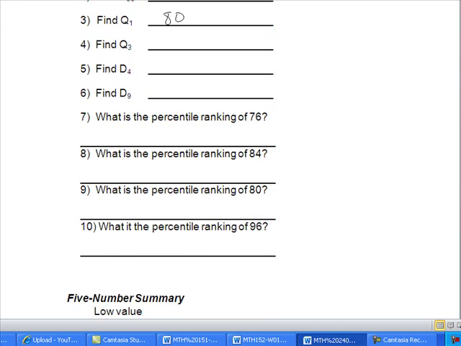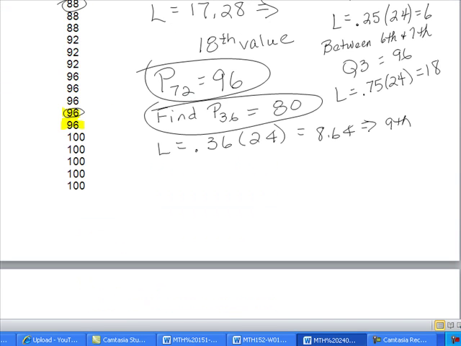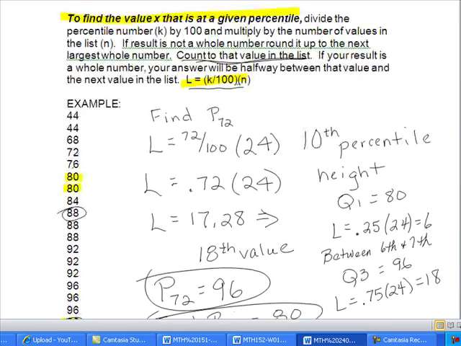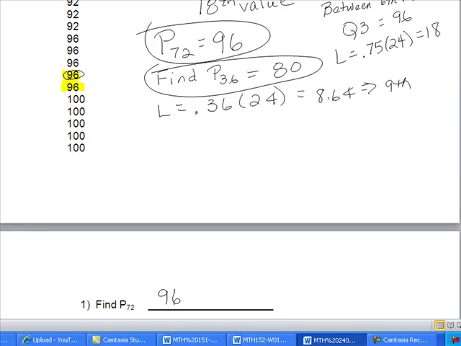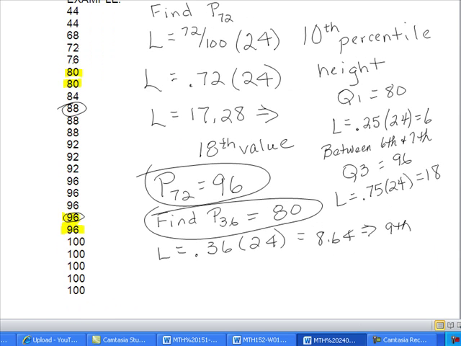Next we want the 4th decile. As we move to the 4th decile, get my list back here. Okay. Alright, so decile 4, that's 4/10 or 40 hundredths.